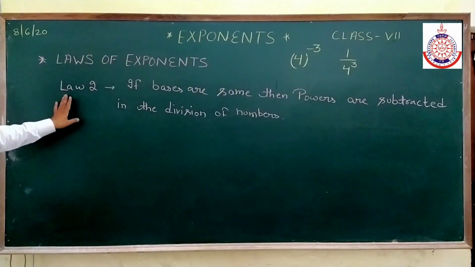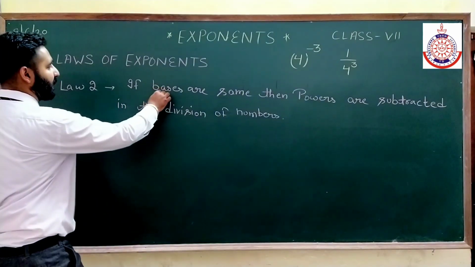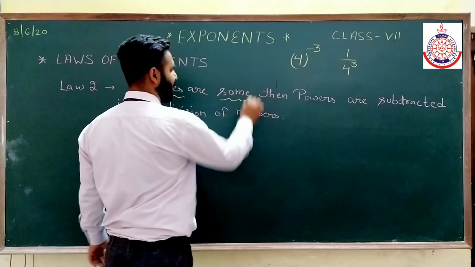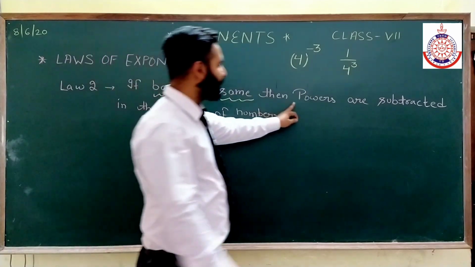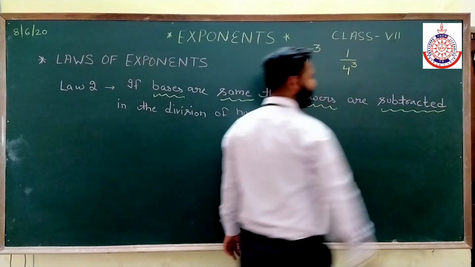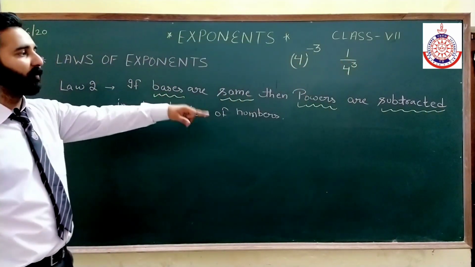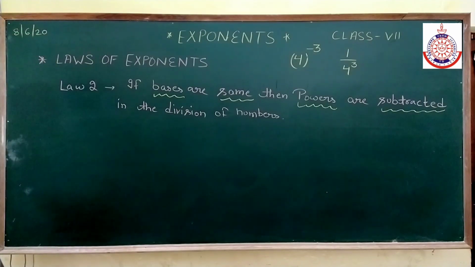Now, the second law of exponents says, if bases are same, then powers are subtracted. If bases are same, then the powers are subtracted. In which case?